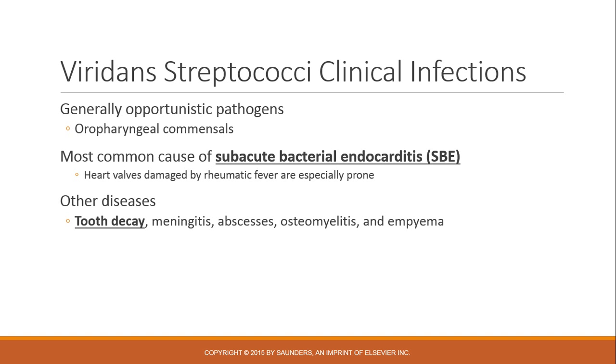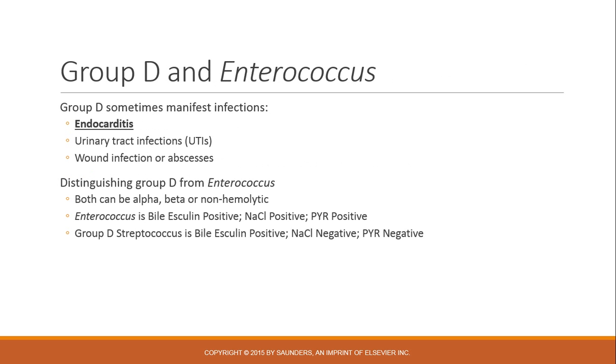You might have a case study where someone has really bad dental work or poor teeth. So it can cause infections in that way. And it can cause other kinds of infections, but I want you to link those two particular infections with this organism. So when you see SBE, you think of Viridans Streptococcus.